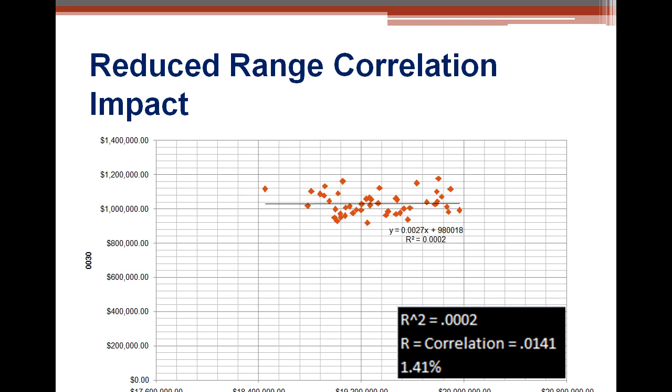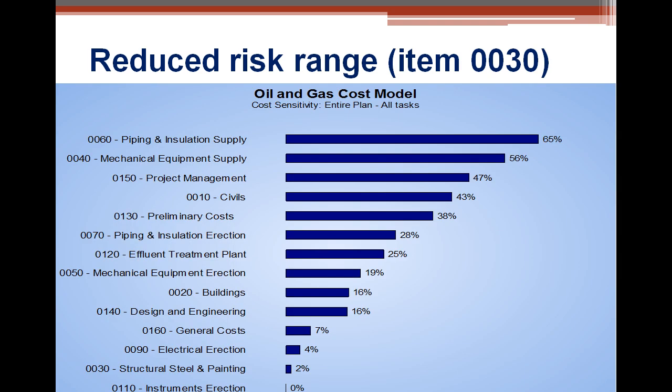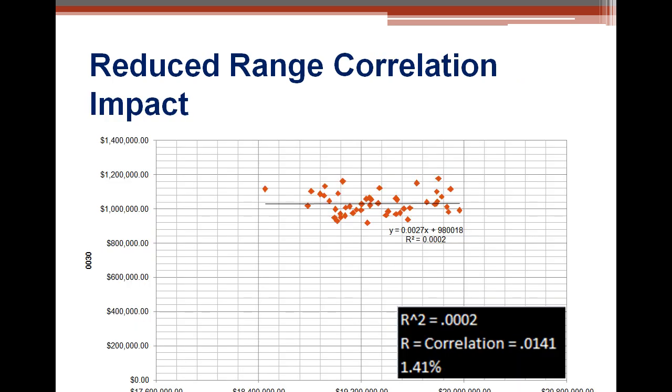It's staying fairly flat and constant across there. You're only seeing very little slope, less than a 2% correlation. When you look back on this chart, the second to last item, structural steel and painting, is 2%. No matter what structural steel and painting does, I don't see it having an impact on my total cost.